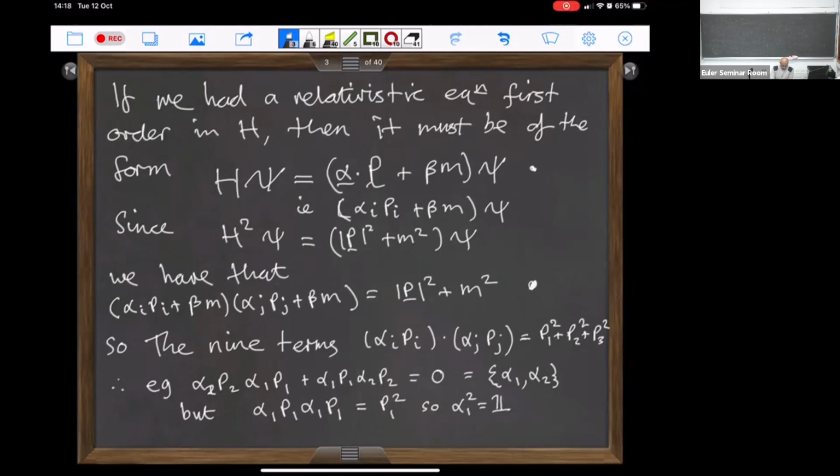In that product, there are 9 terms which are quadratic in the momentum, because you've got alpha dot P times alpha dot P. But these 9 terms in the box have to add up to P1 squared plus P2 squared plus P3 squared.